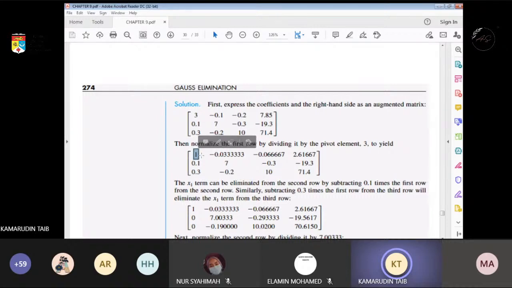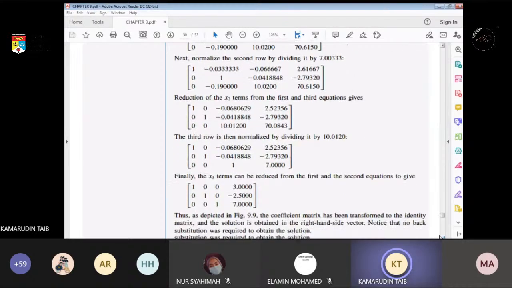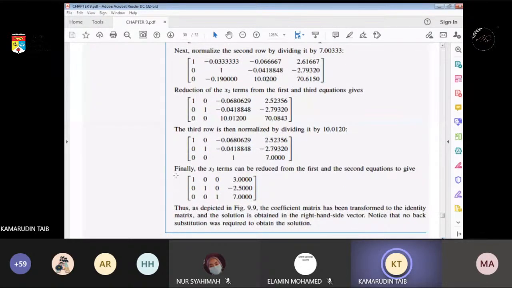The reason we did normalize it is because at the end, we want the matrix to be in this form, 1, 1, 1. We need the unit matrix.